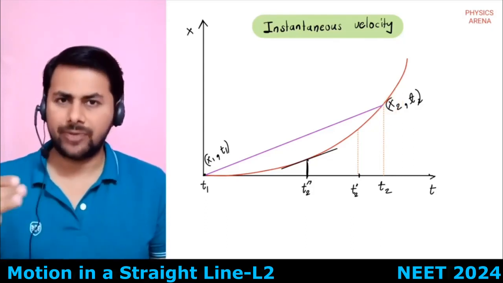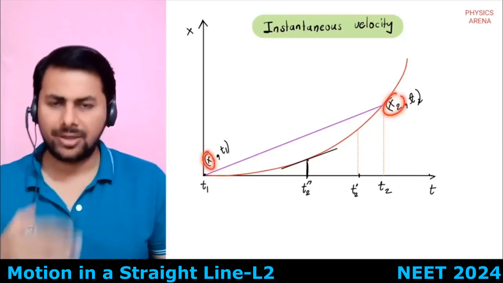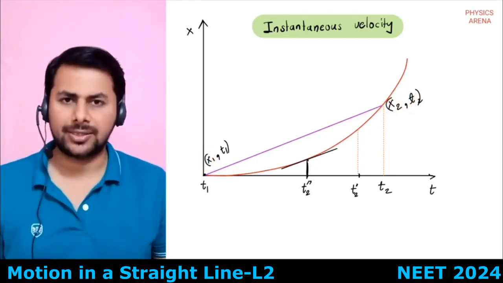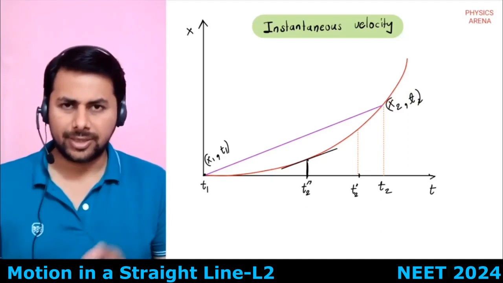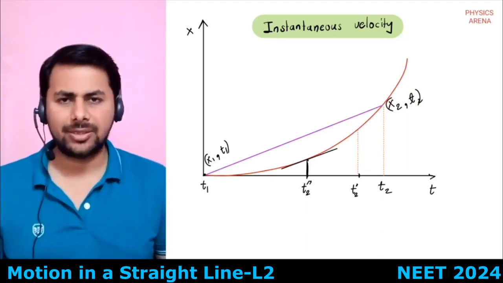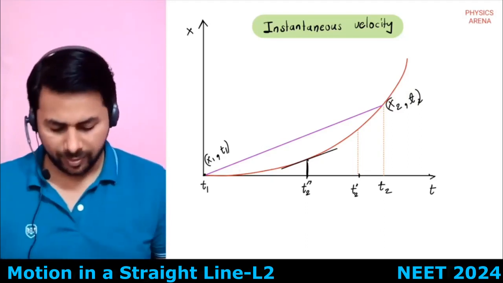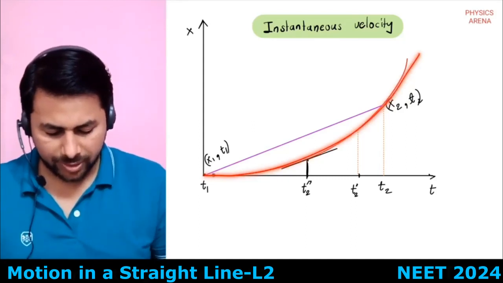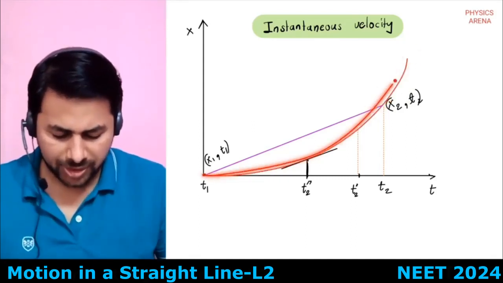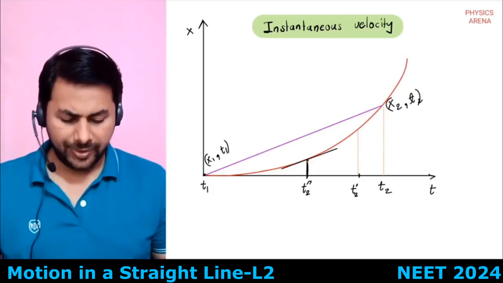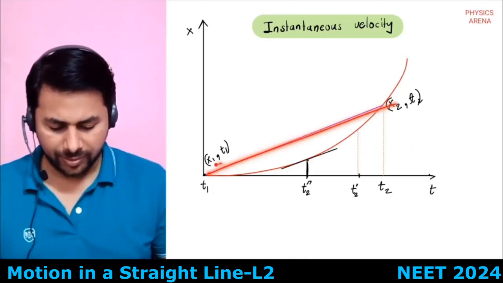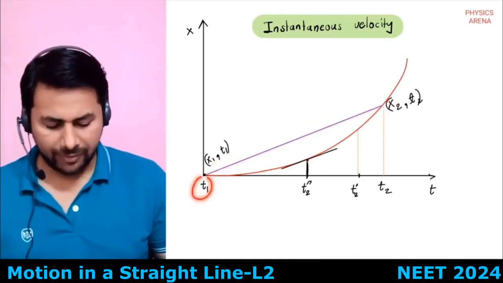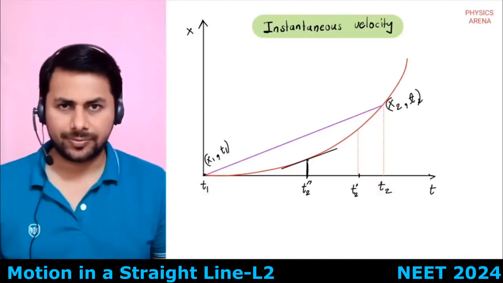The change over the vertical axis, x2 minus x1, divided by the change over the horizontal axis, that's t2 minus t1. x2 minus x1 divided by t2 minus t1, that means you will get the velocity. So the velocity of this object, whose position is changing like this, you will get from this graph, but it will be the average velocity between t1 and t2.